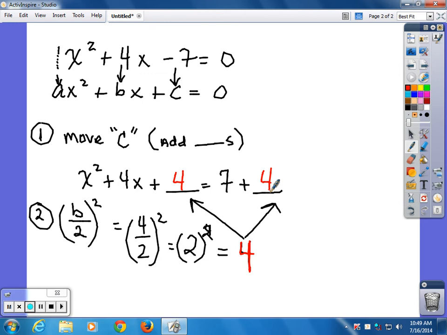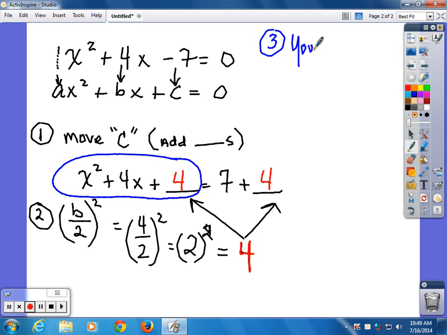Now, we basically have on the left-hand side, and I'm going to take a blue marker, 100% of the time, after you do step number 2, number 3 is an observation: you have shortcut number 1 or number 2 on the left-hand side.